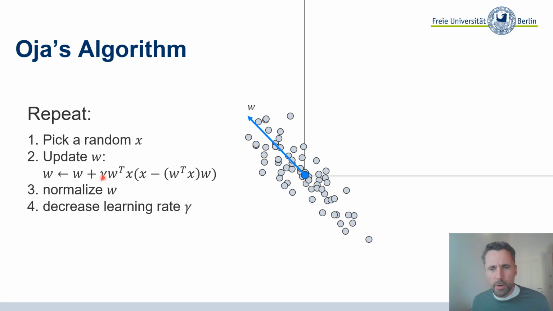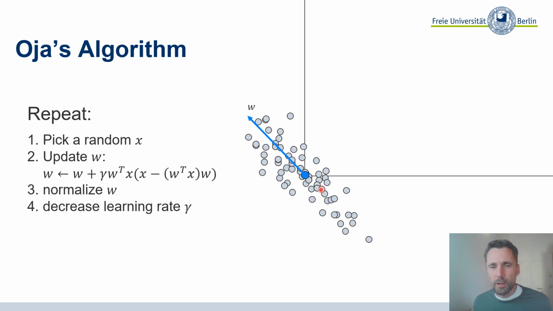Decreasing the learning rate will eventually make our updates smaller and smaller, and at some point the vector W will not move again. In your assignments, you will have to check which is a good strategy: where do we start with gamma, and by what steps can we decrease it? So find this empirically.